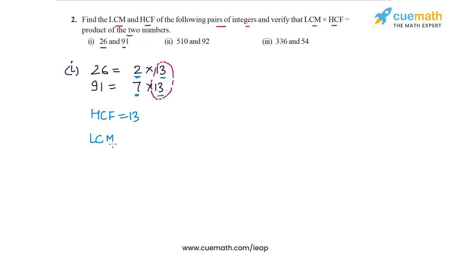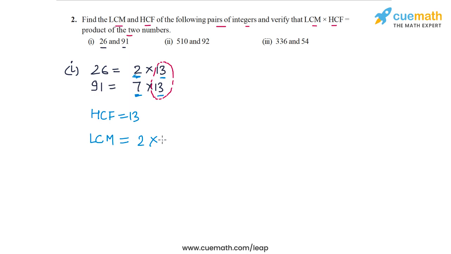To find the LCM, we will take the product of the largest power of each prime factor in the two numbers. So we see that 2 occurs once in the first number and 0 times in the second number. So in the LCM, it will occur once. Then 7 occurs 0 times in the first number and exactly once in the second number.